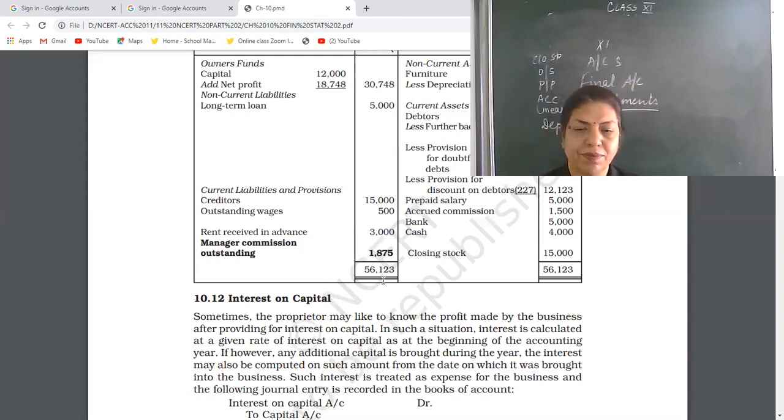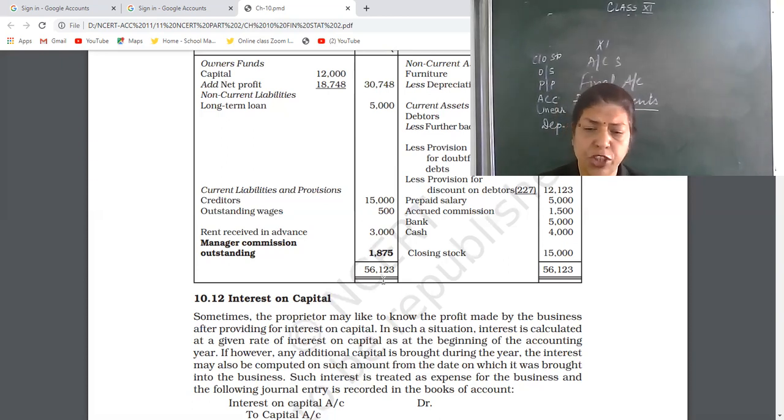Any doubt? Again, IOD is the opposite of IOC. You should learn it because that will be part of class 12 in the partnership chapter also. See, interest on capital means the capital which is invested by the proprietor is termed as liability, and the business has to give interest on it.